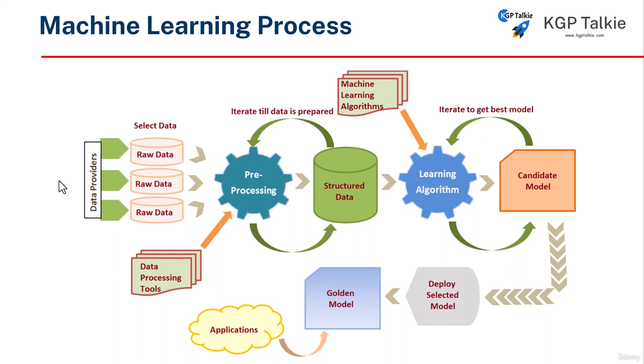So once you have selected your machine learning model, now you have reached the stage where you can train your model. Once you have prepared your data and chosen the model, you can train your model with the best parameters. There are many ways to improve your model training accuracy.